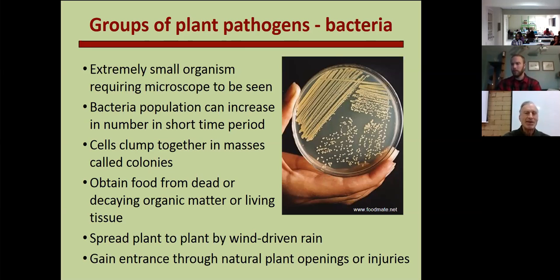So in 20 minutes, the population of bacteria can double, and then in the next 20 minutes, double again. So you can go from a few bacteria to millions or billions of them in a day or a couple of days.